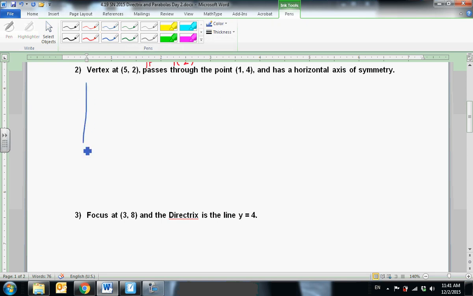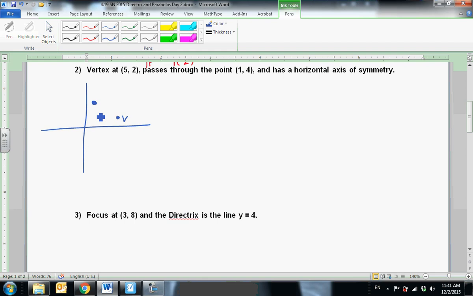So start by sketching what we're given. Vertex at (5, 2), passes through the point (1, 4). Passes through means it's a point on the parabola, okay?